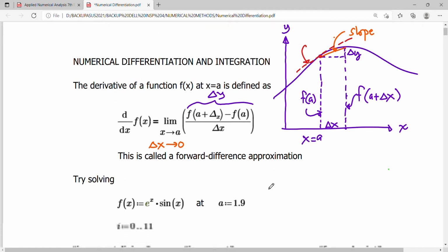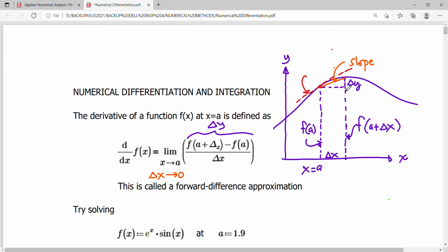So what we did actually, class, the interpretation of what I did is what you call a forward difference approximation as far as numerical differentiation is concerned. Okay, forward means you assume a value of delta x past the value of your first functional value f of a.